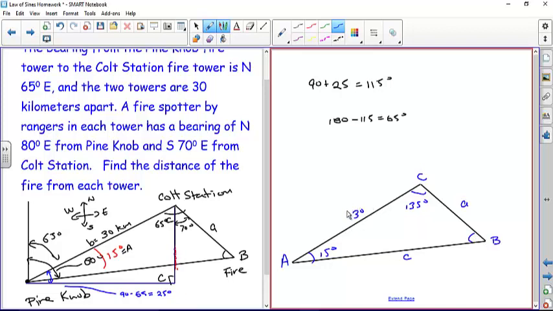Because I now know two of the angles here, I can figure out angle B. So angle B is going to be 180 minus 15 minus 135. So 15 plus 135, you get 150. 150 from 180 is 30 degrees. So this is 30 degrees, so that's angle B. And now I can use the law of sines.